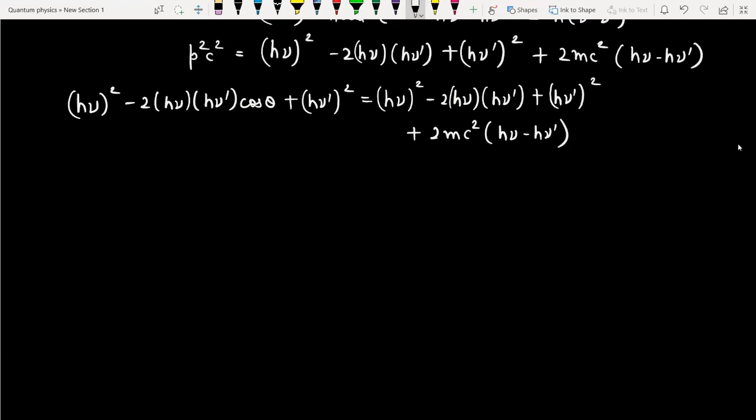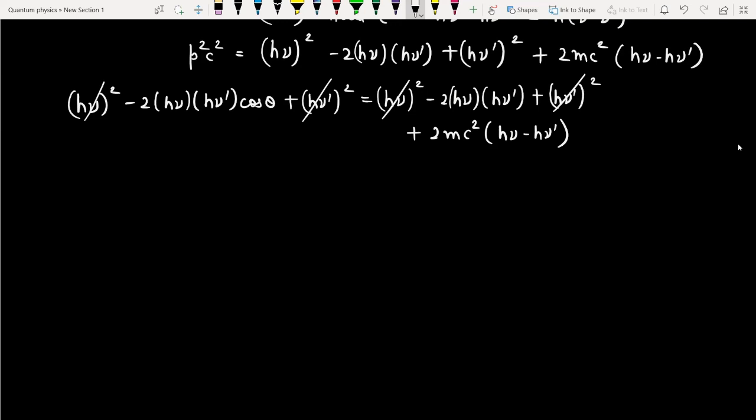Now a lot of things would have got cancelled, so this h mu square and h mu prime square cancel. If you look at this equation carefully, we can bring this minus 2 h mu prime minus 2 h mu prime to the other side.